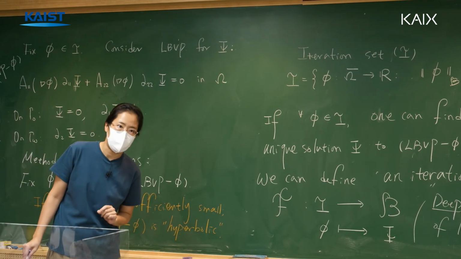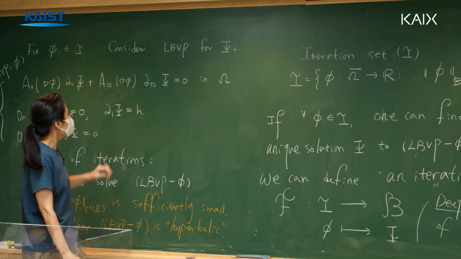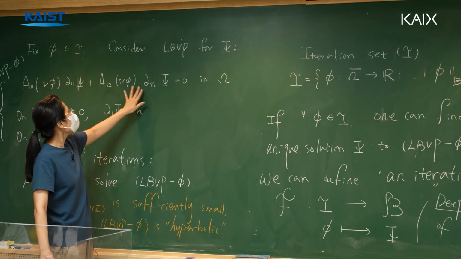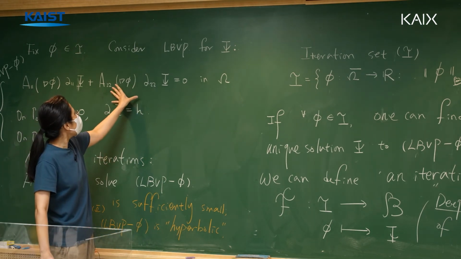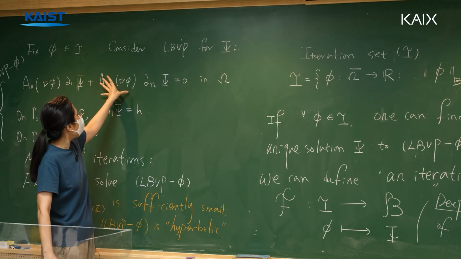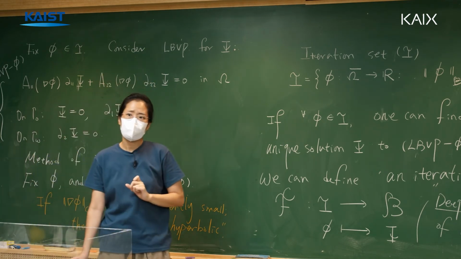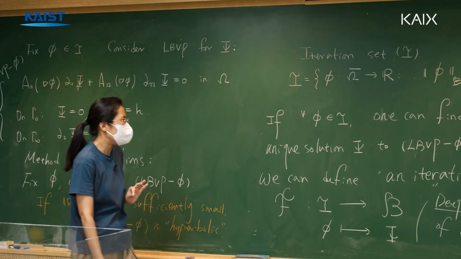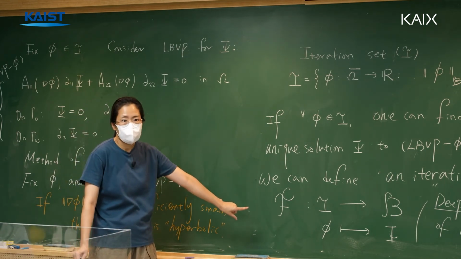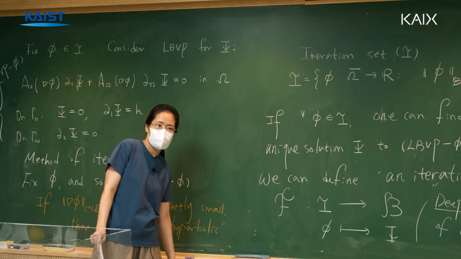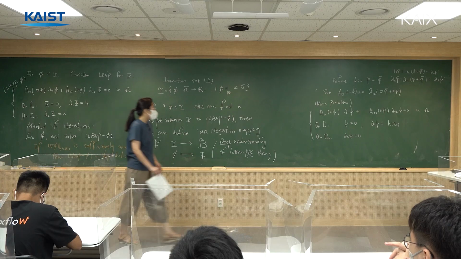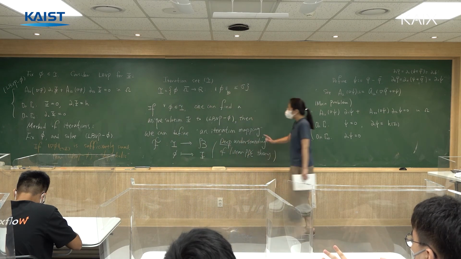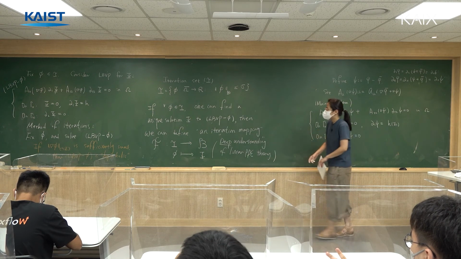So you have to study the close relation between the regularity of the coefficient and the regularity of the solution. That's the beauty that you have to learn from linear theory. Then you bring it back to nonlinear theory and start the iteration process.